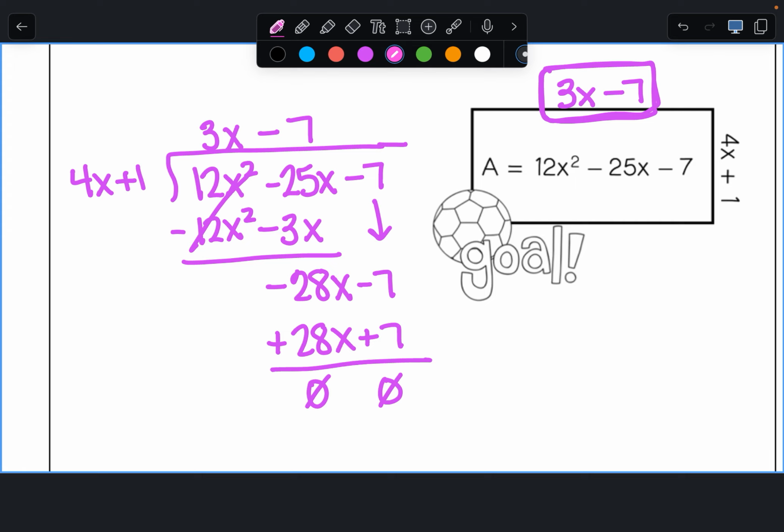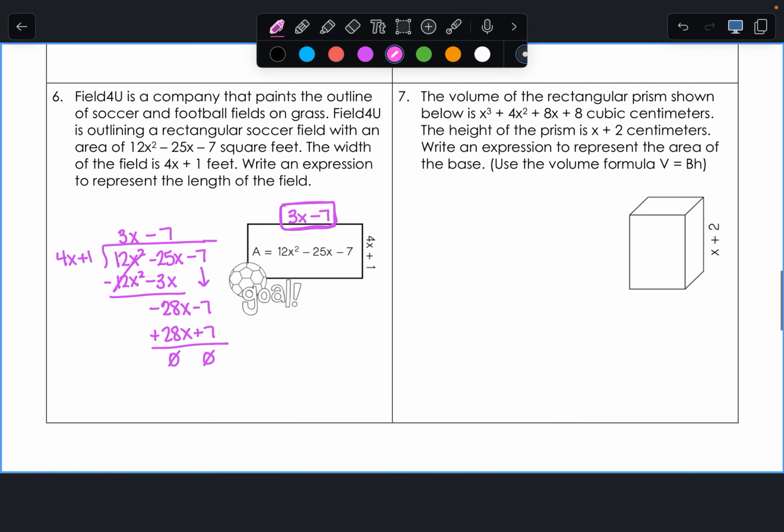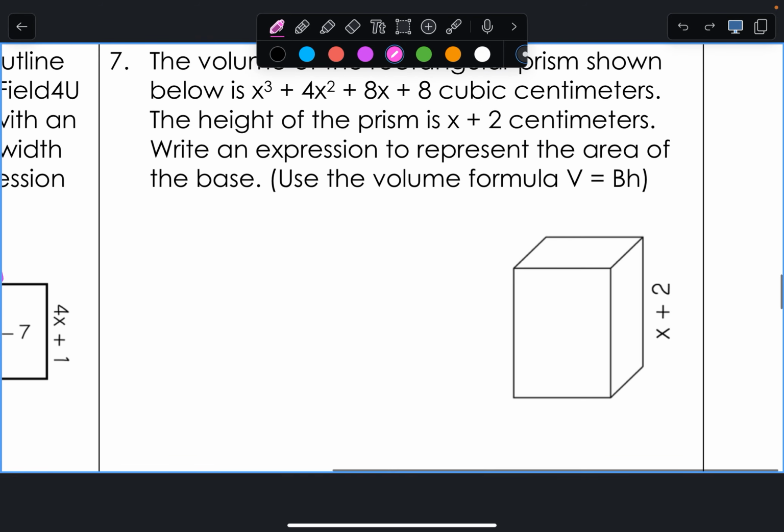Last one. You have the volume of a rectangular prism. It shows you that. And then the height of the prism is x plus 2. They want you to find the area, which is what you do is you multiply base times height. So what do you do? Divide.